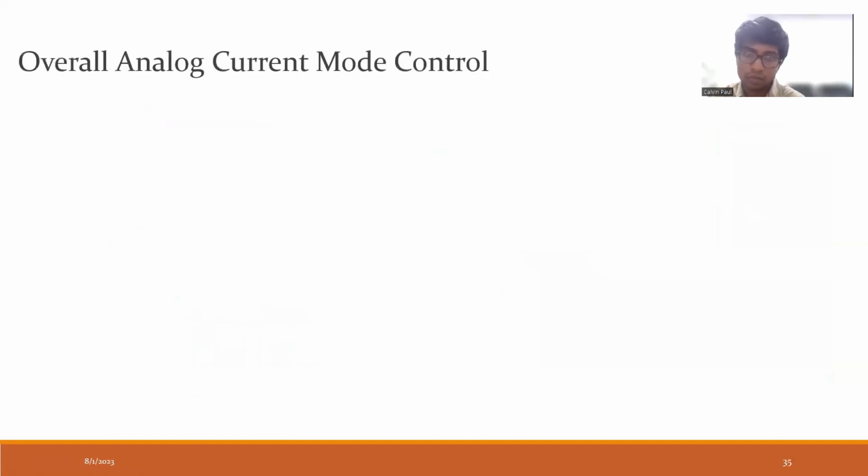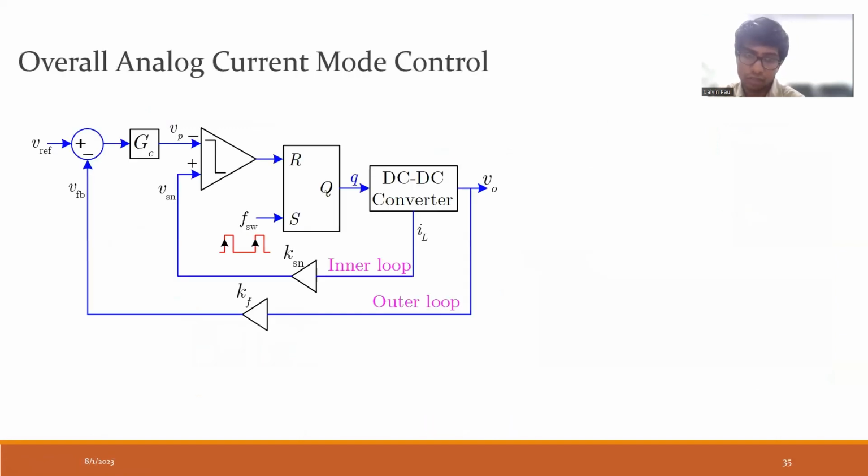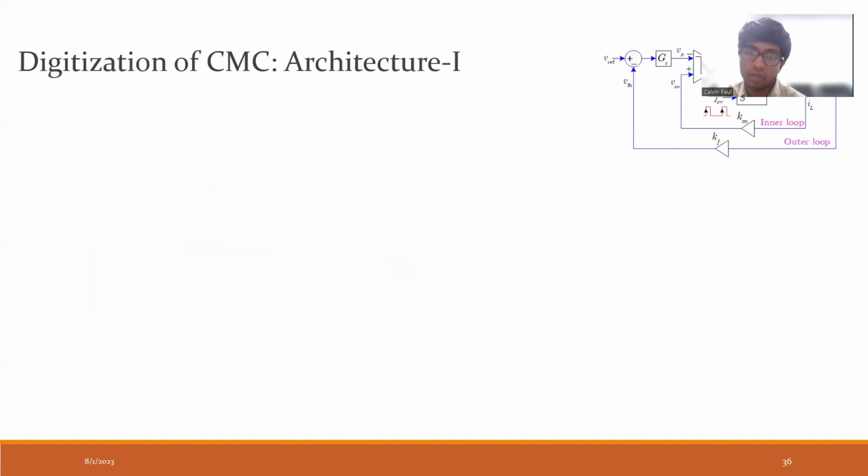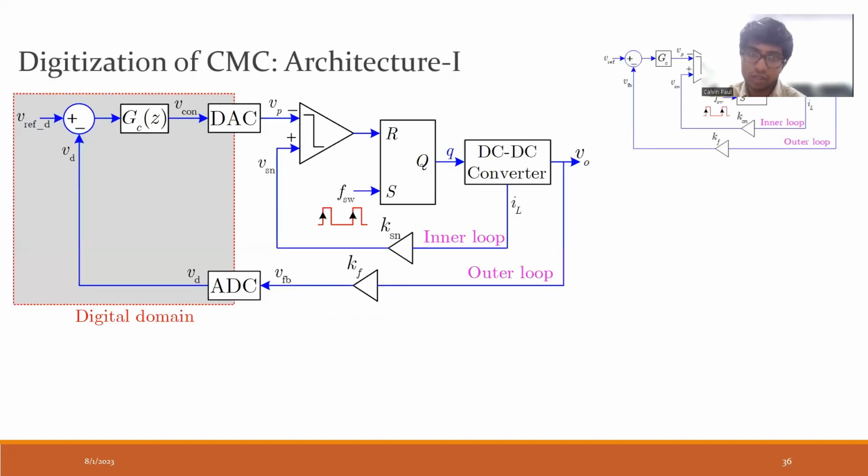Now we will go to analog current control. So this is how current control is there: two-loop control, inner loop and outer loop. Now, if we digitize, what we do is convert the output voltage into the digital domain. The feedback voltage is converted by an ADC into a digital value, which is compared to the digital reference input.